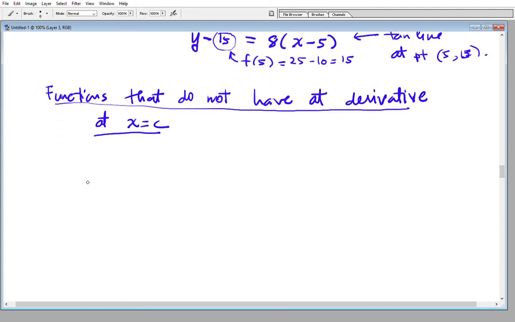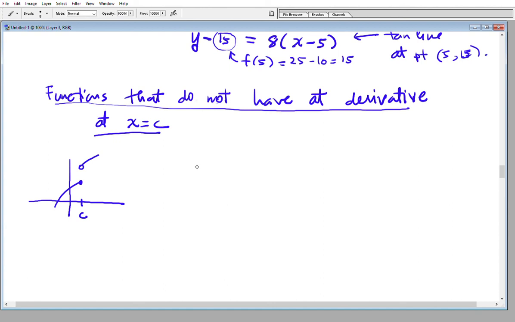All right, so first we'll just look at some pictures of functions that don't have a derivative at a specific point. If they're not continuous, then definitely no derivative. Okay, there's no tangent line here. It's not even continuous here.